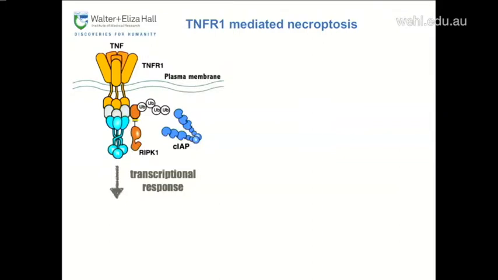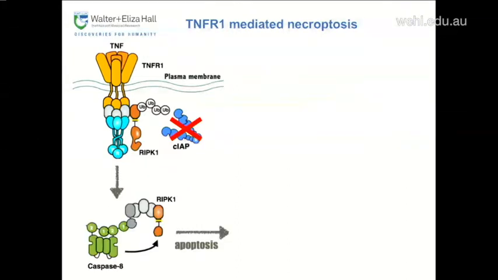Now, there are certain situations where these cIAPs may be compromised. If they are no longer working, then RIPK1 does not get ubiquitinated. It's able to disengage from the plasma membrane into the intracellular space. It associates with caspase 8 along with a lot of other proteins. And here caspase 8 can cleave and prevent further RIPK1 activity and also promote apoptosis within the cell.